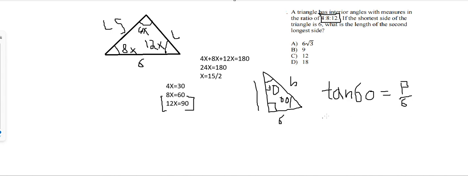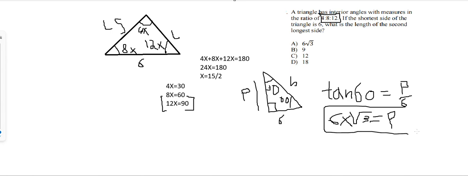So solving, 6 times tan 60, which means root 3, equals p, and in this case p is this side. So our answer is 6 root 3. The length of the second longest side is 6 root 3, which corresponds to option A.